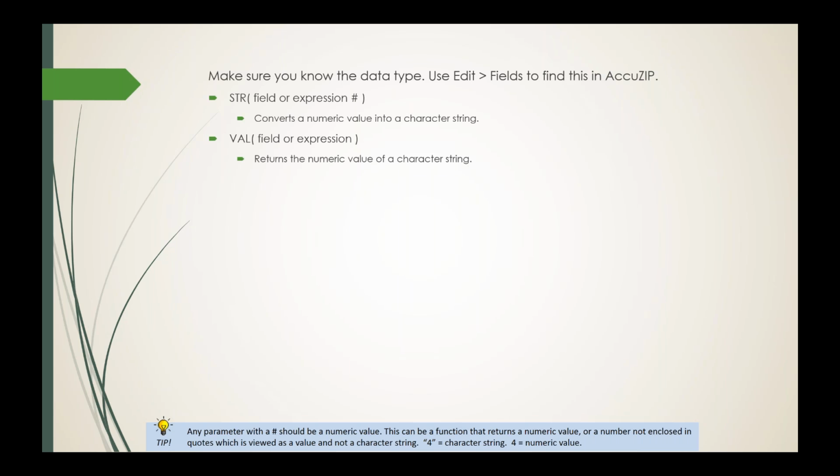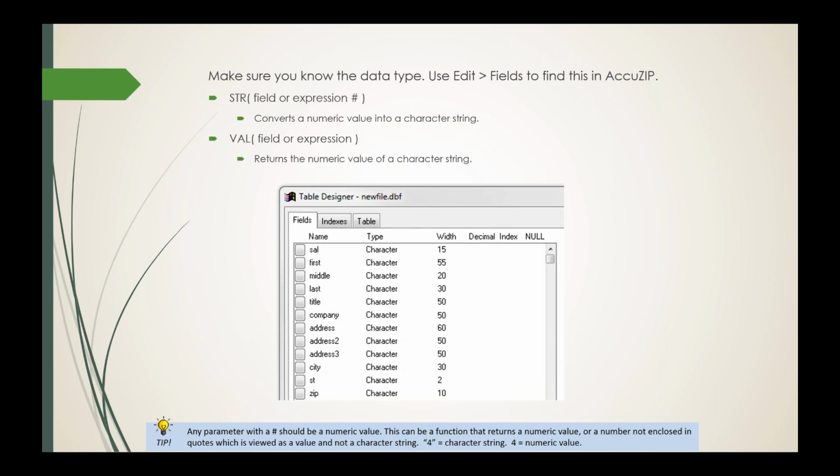So str is string, and that's going to convert a numeric value into a character string. So if you have a field in AccuZip that is a numeric type field, if you wish to convert that to a character string so that you can put it in a character field or use it as a character string within another function, you need to make sure to convert that using the string function first.